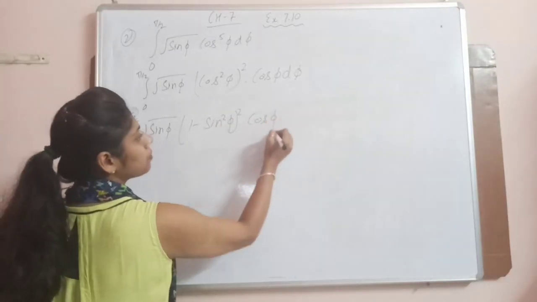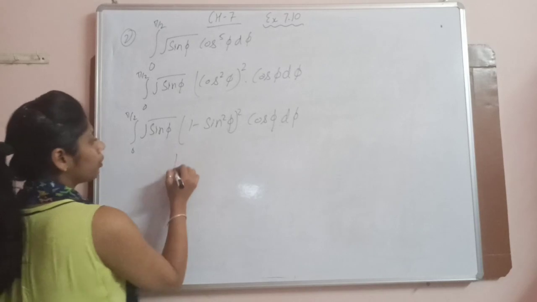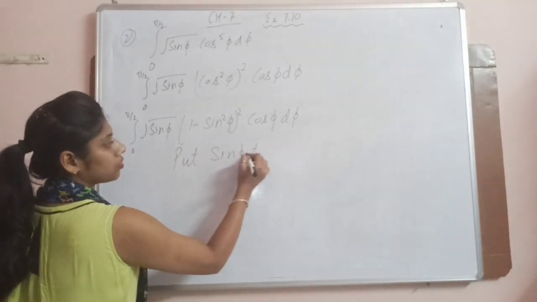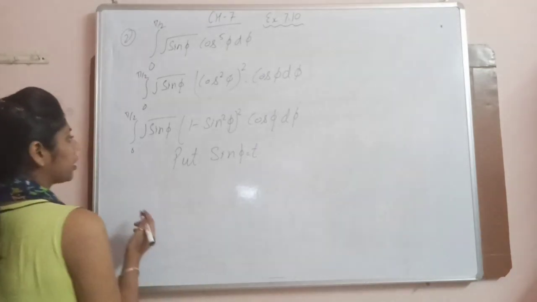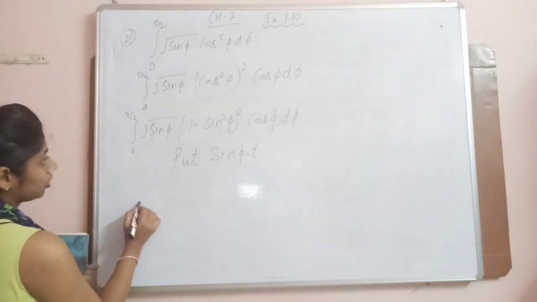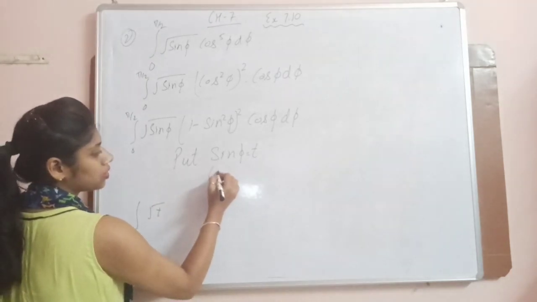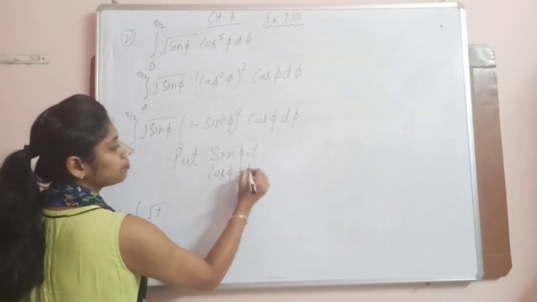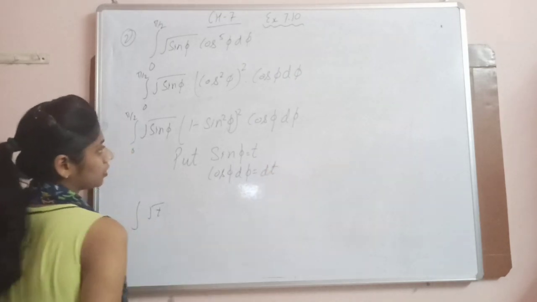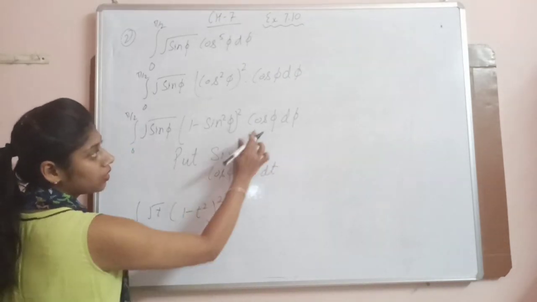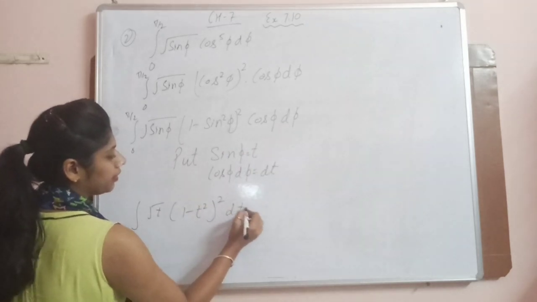Now we will do the substitution. Put sine phi equal to t. So our function will become root t. Its derivative is cos phi d phi. So 1 minus t square whole square, cos phi d phi is dt.